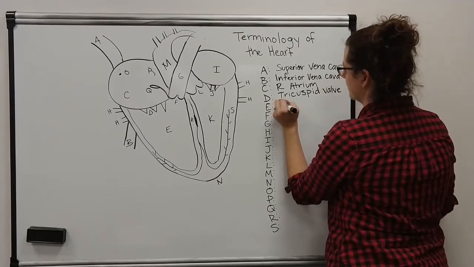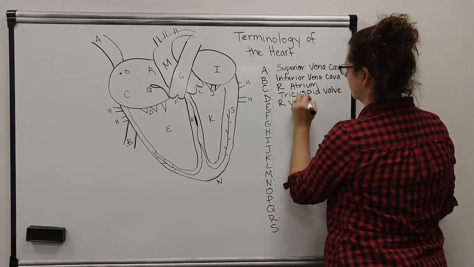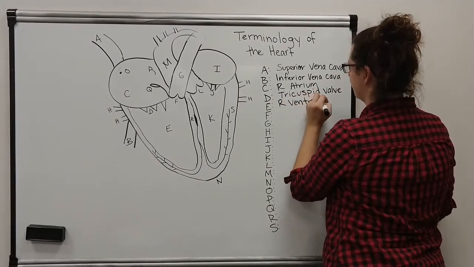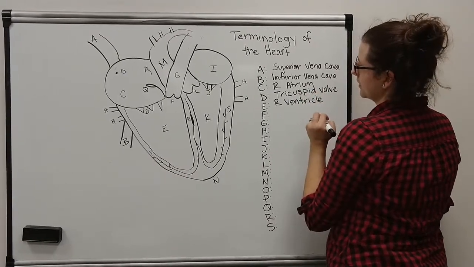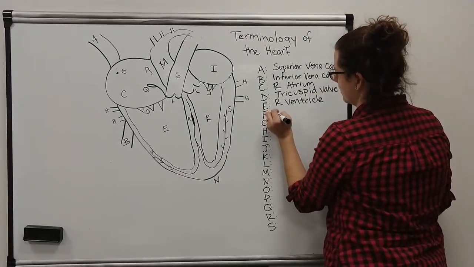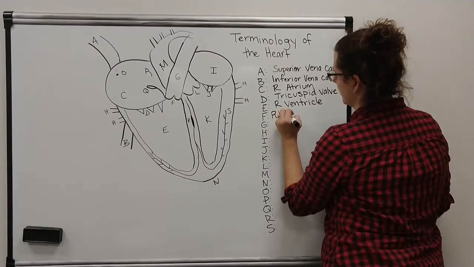E is the right ventricle. F is the pulmonary semilunar valve.